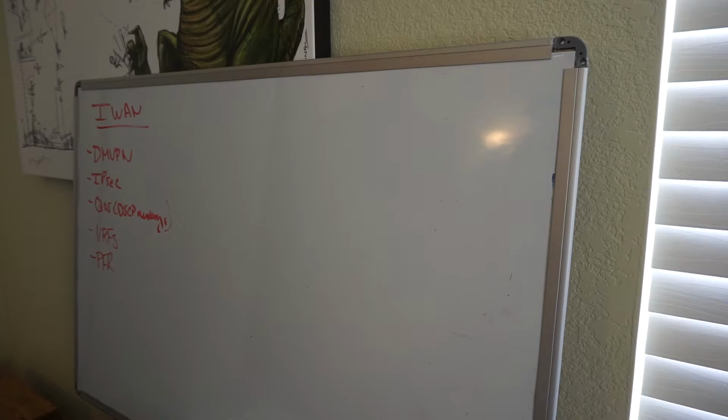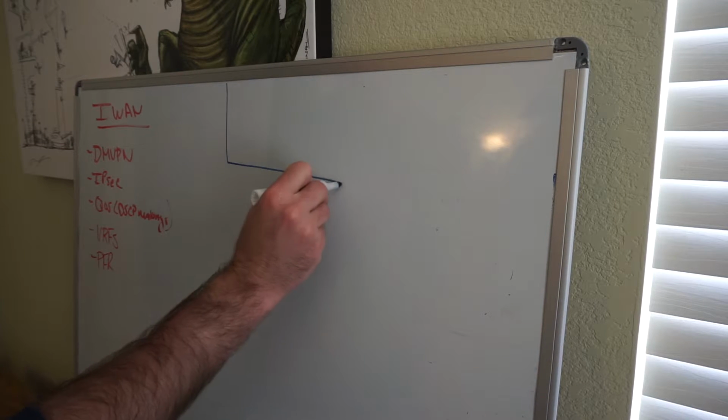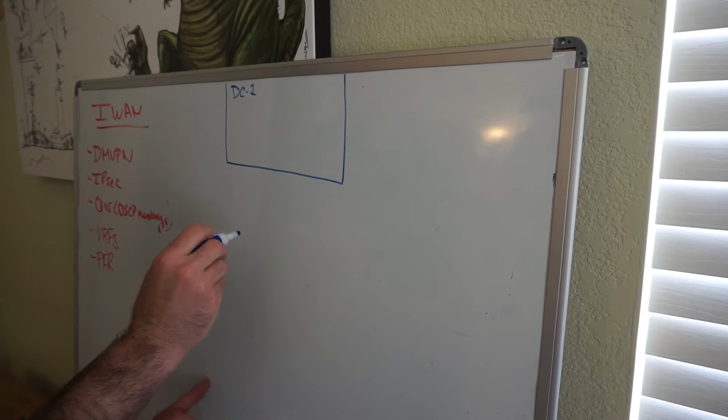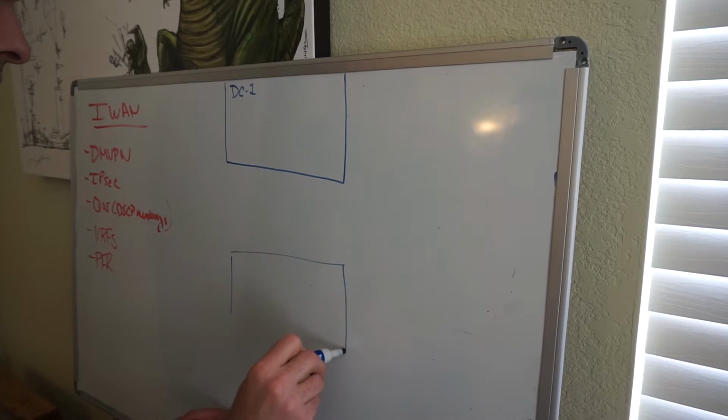So I'm going to just leave this here on the left-hand side, and we're going to draw just a simple WAN connection between your data center or your main location as well as a remote site with a traditional setup, and we'll see how these technologies fit in and what IWAN might look like. So say we have your data center 1 and we have a remote site.